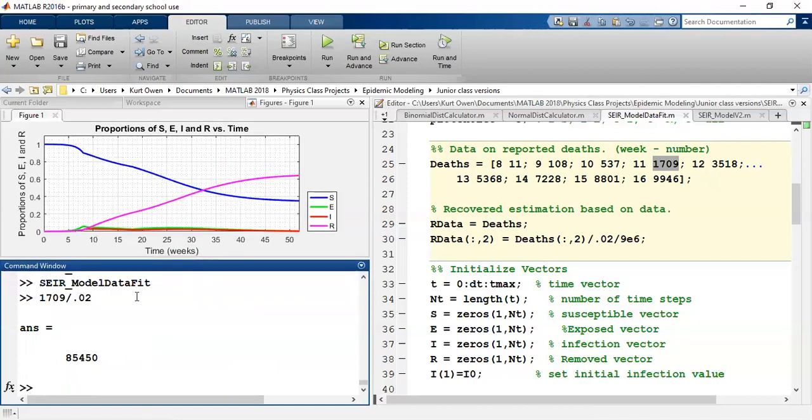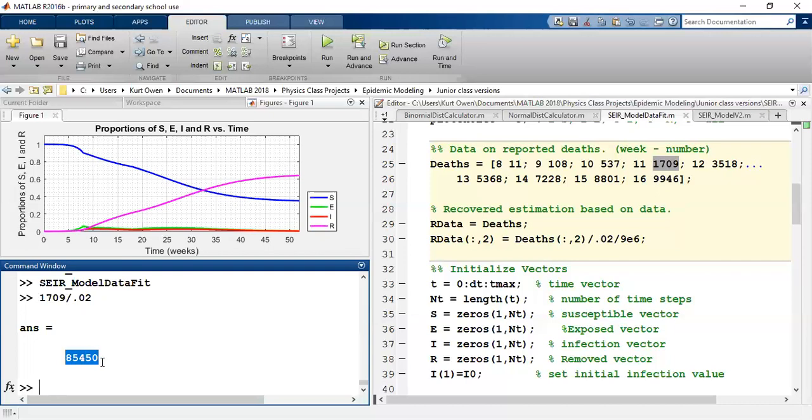What would that number mean? If 1,709 people have died, and that only represents 2% of the sick population, it means 85,450 people must have been sick at some point in order to have 1,709 deaths.